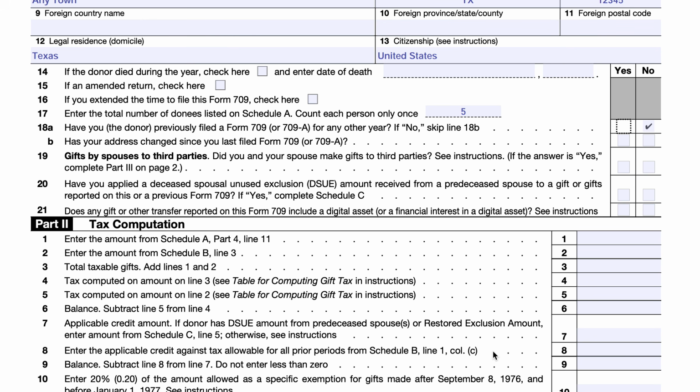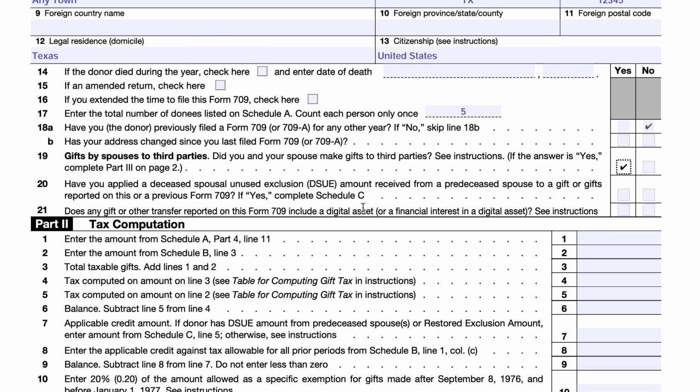It's still a reportable gift, but you don't need to do the tax computation because everything will be zeroed out. So if you decide to do gift splitting, or even if you didn't, but you still made gifts, then you would select yes. We'll go over part 3 on page 2 to talk about those questions.